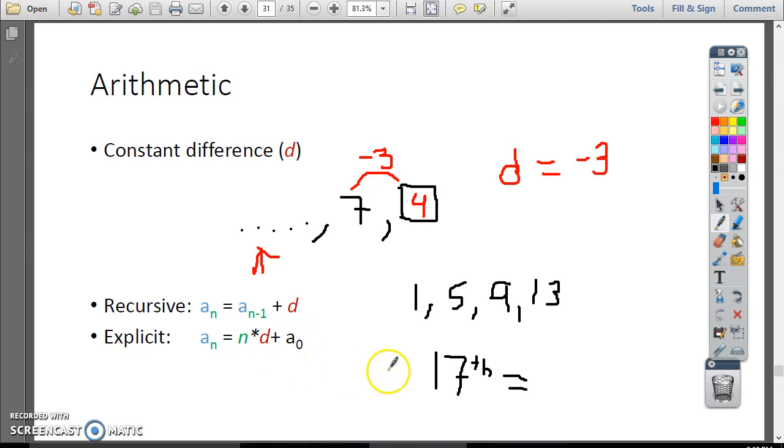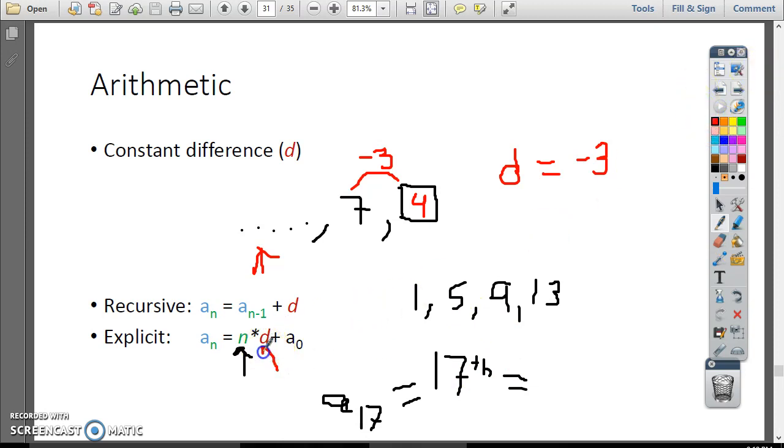So in this case, n is equal to 17. So I want to find a sub 17. Again, I apologize for my handwriting here. That's what I'm trying to find, the 17th number. Okay. Now, do we know what the common difference is?